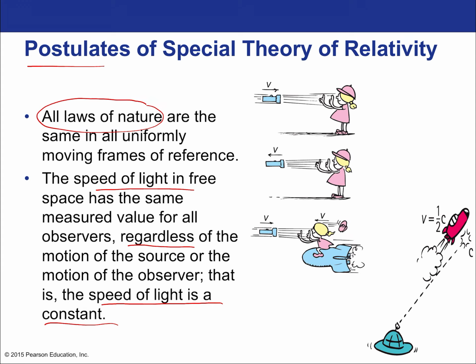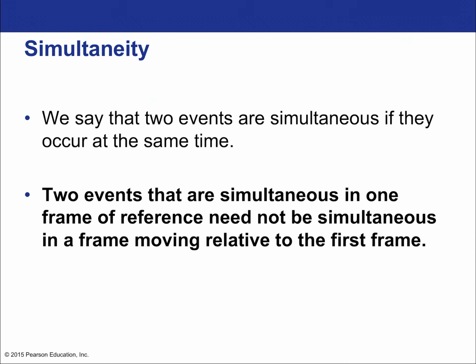Okay? What does that mean then? What does it mean then to have space and time affected by this postulate? Well, that's what special relativity is all about. It's about the non-permanence, the fact that space and time are, you guessed it, relative, hence the name. Okay?